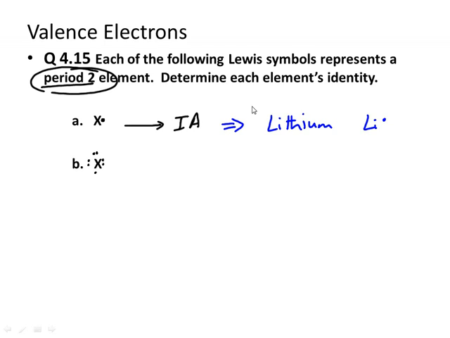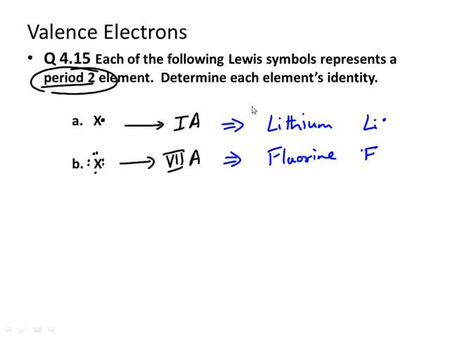Exactly the same way, now we are looking at, in part B, an atom that is in period 2 but has 7 valence electrons. Because it has 7 valence electrons, this element belongs to group 7A. And the element in group 7A and in period 2 is fluorine.